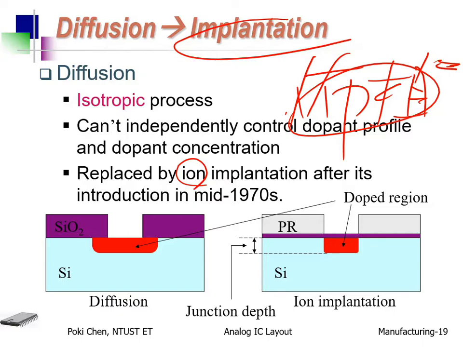We use ions. Ions means what? They are not atoms. They are charged atoms, charged to be positive or negative. But with charges, all those atoms can be focused, then accelerated. There are two major purposes to make the atoms become ions. One is to focus all of them for doping, in theory with the same direction.